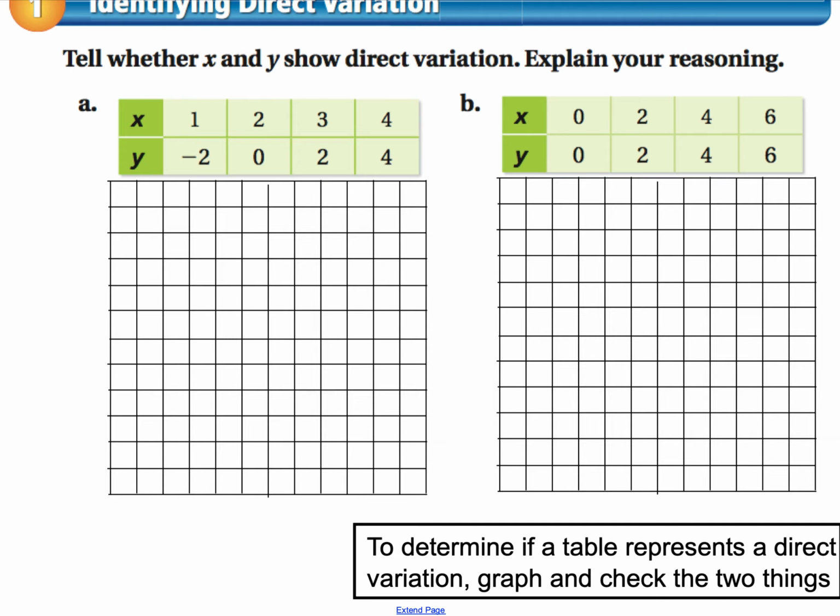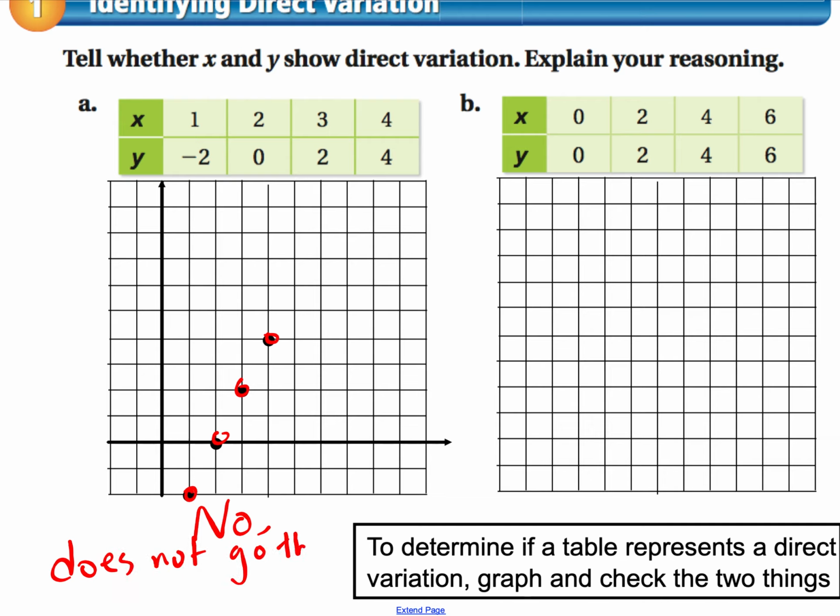All right, this first one, if we graph them, you can see 1, -2 is this point right here, 2, 0, 3, 2, and 4, 4. It is a straight line for sure, but it does not go through the origin, so it does not show direct variation because it does not go through 0, 0.